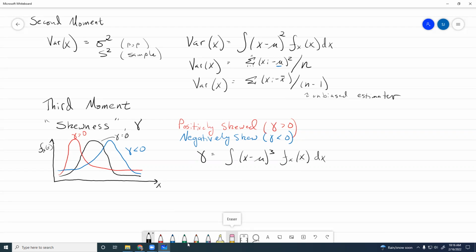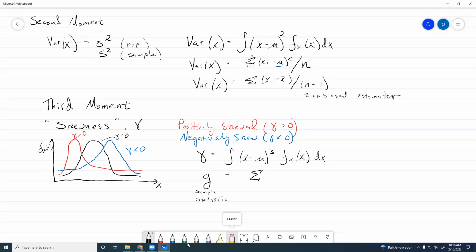And then if we're going to do this for a sample, G would be the sample statistic, based on a sample of values. This one's a little funky, but I'm going to give it to you.